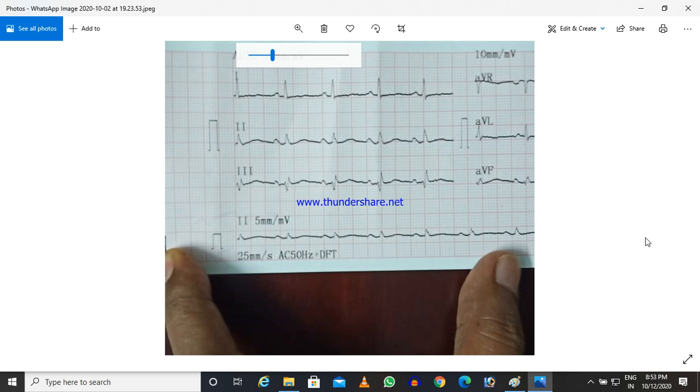First we will suspect that. So if all the contiguous leads give a flat T wave, that means there is a problem in repolarization. Repolarization means your heart muscle in the ventricle is not able to relax.